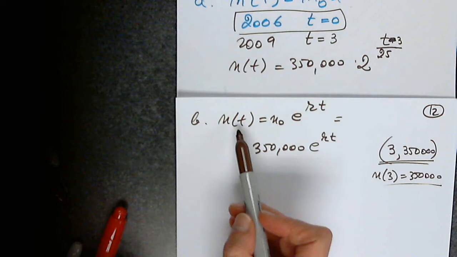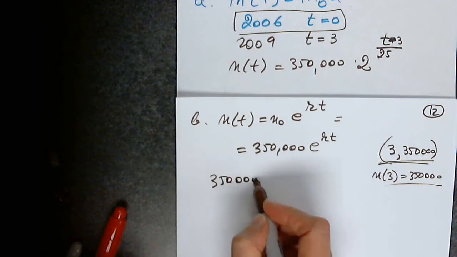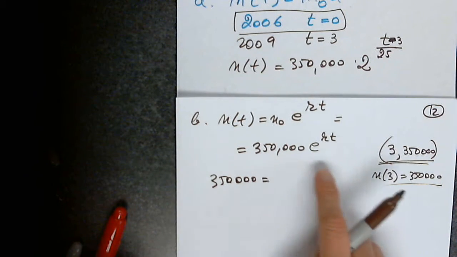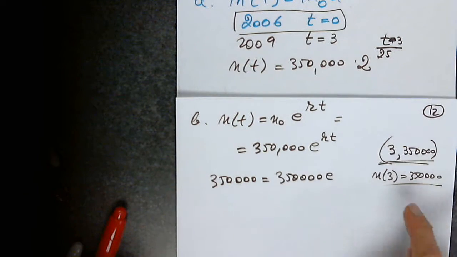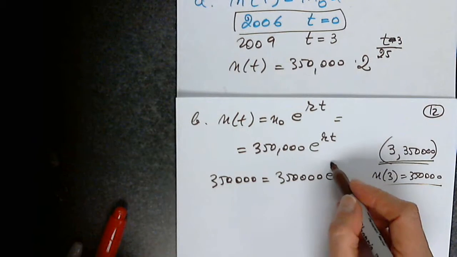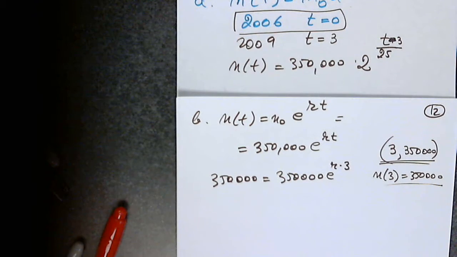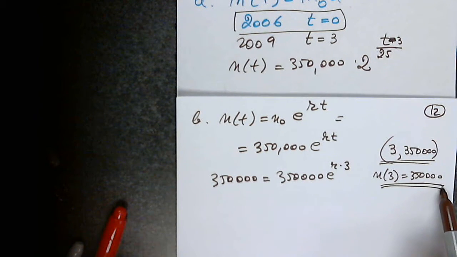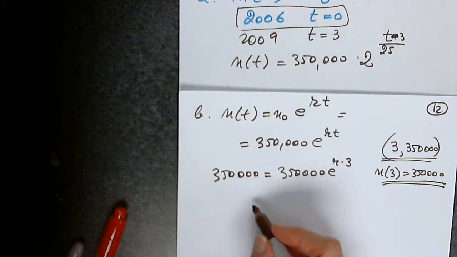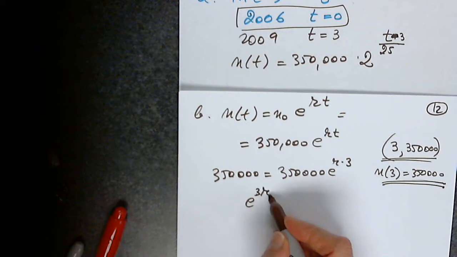So 350,000 equals 350,000 times e raised to r, which is unknown, times 3. Say it again, N of 3 is 350,000. e to the 3r equals 1.